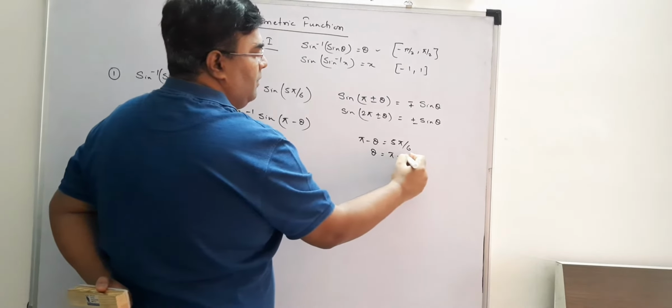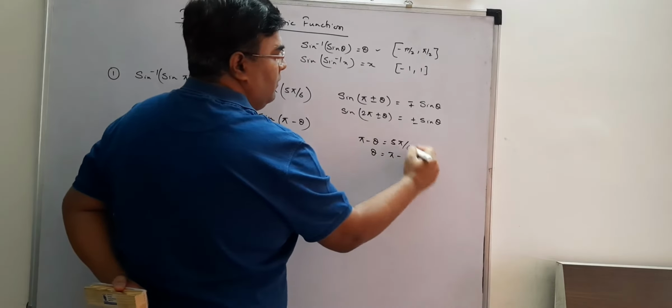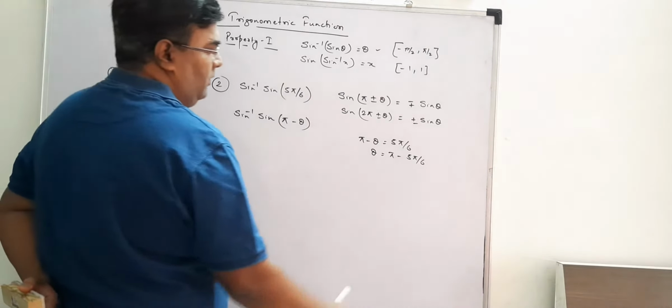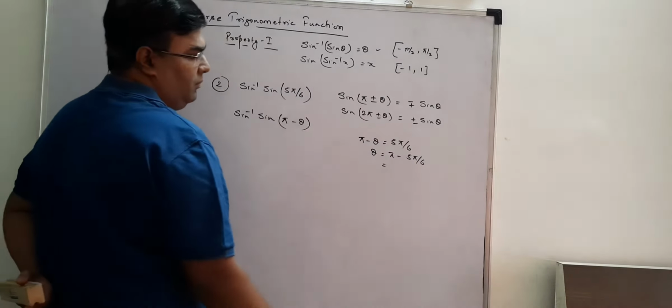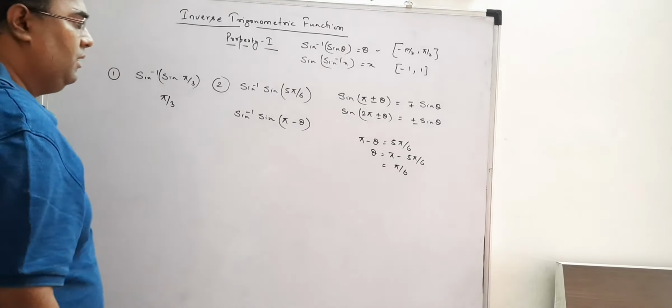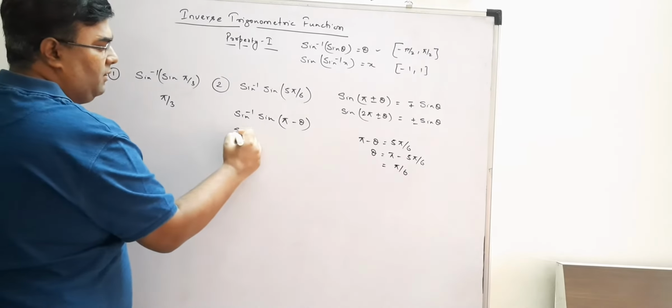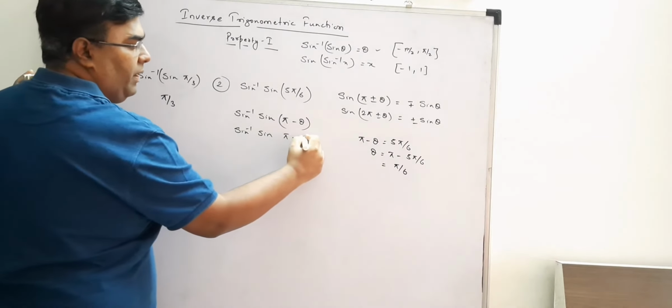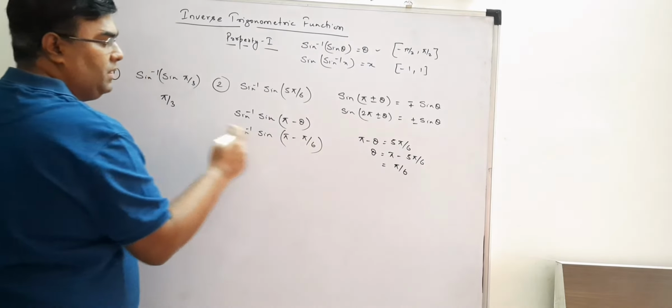Theta is pi minus 5 pi by 6, which is equal to pi by 6. So we can say here sine inverse sine of pi minus pi by 6.